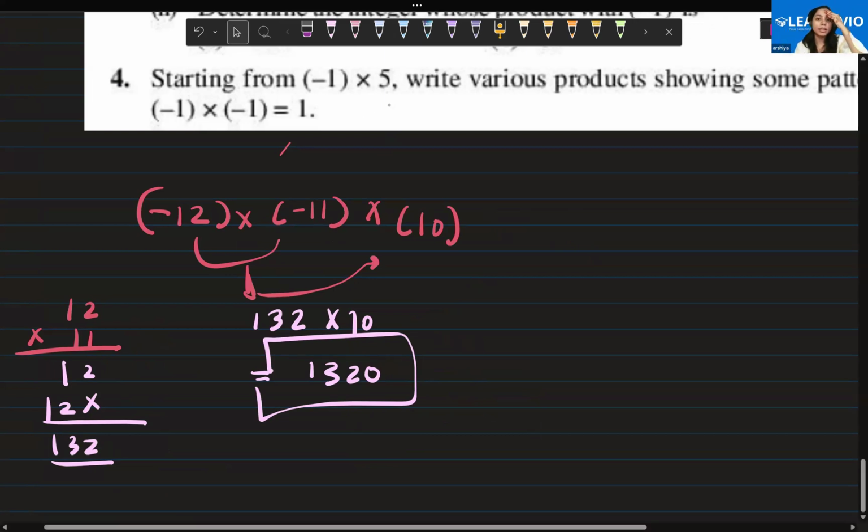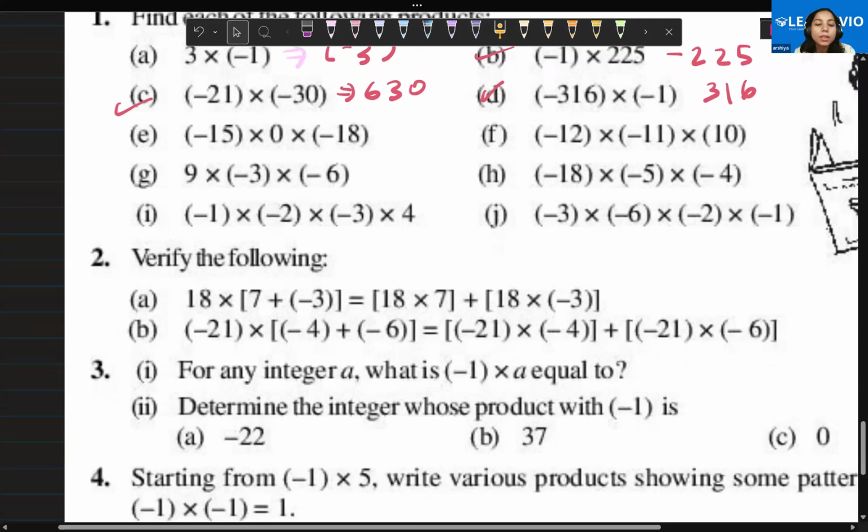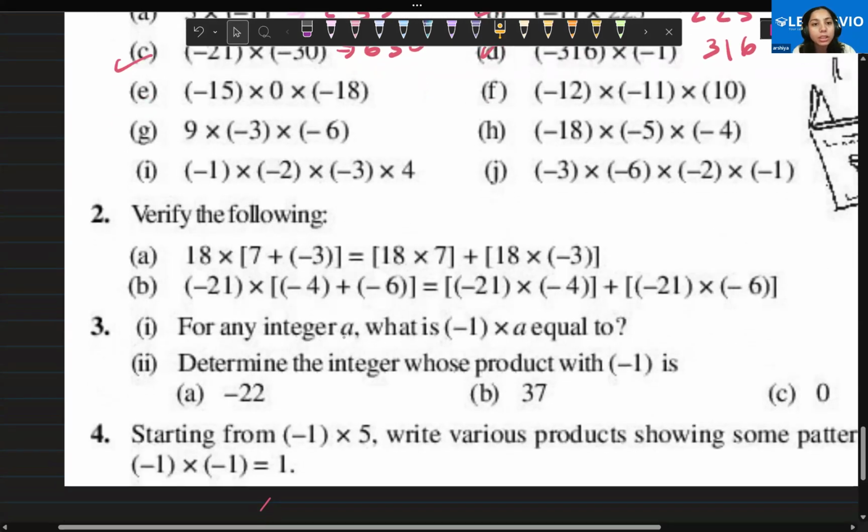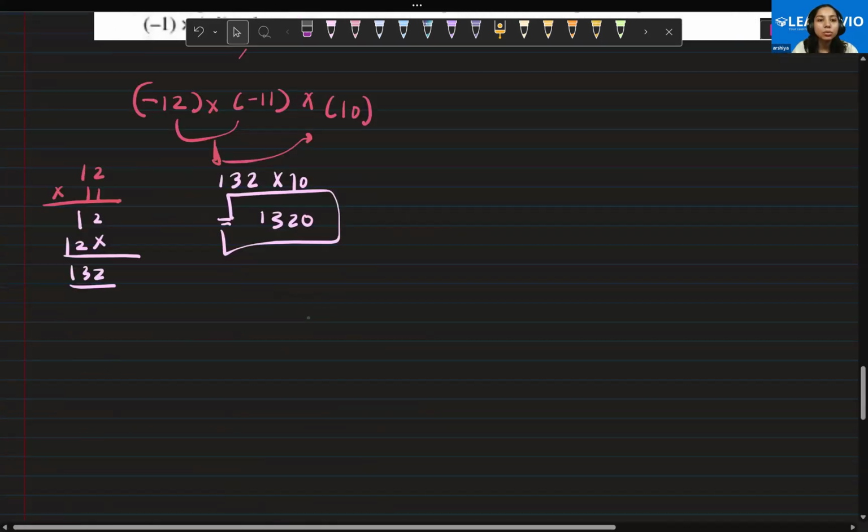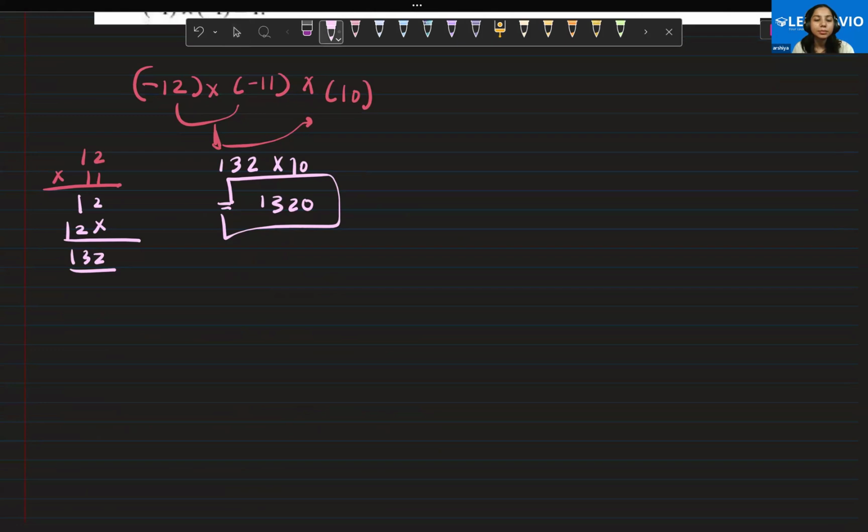All right, now let's move on to the next question. The next question is that we have to verify whether 18 into 7 is equal or not.